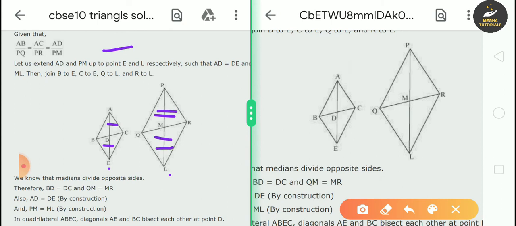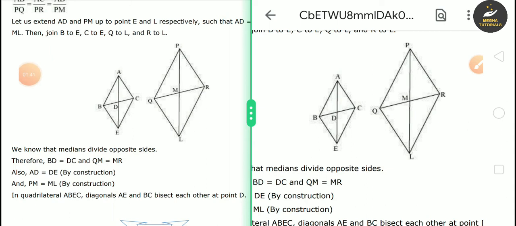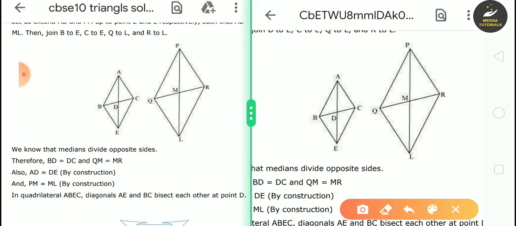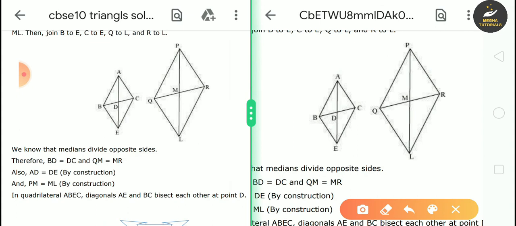Okay, then you have to join B to E, C to E, that is BE, CE and QL and RL. Okay, let's go ahead. We know that medians divide opposite sides in equal parts, that is BD equal to DC and QM equal to MR. Also AD is equal to DE by construction and PM is equal to ML by construction.